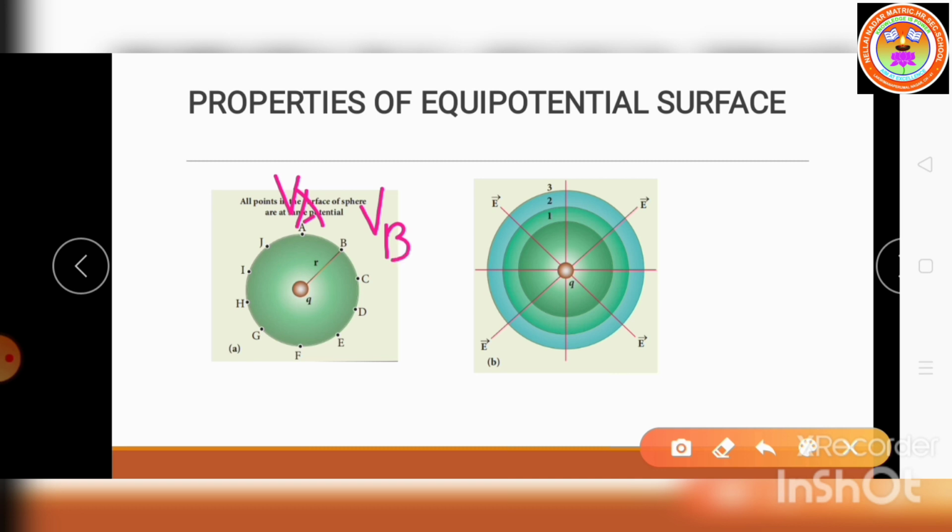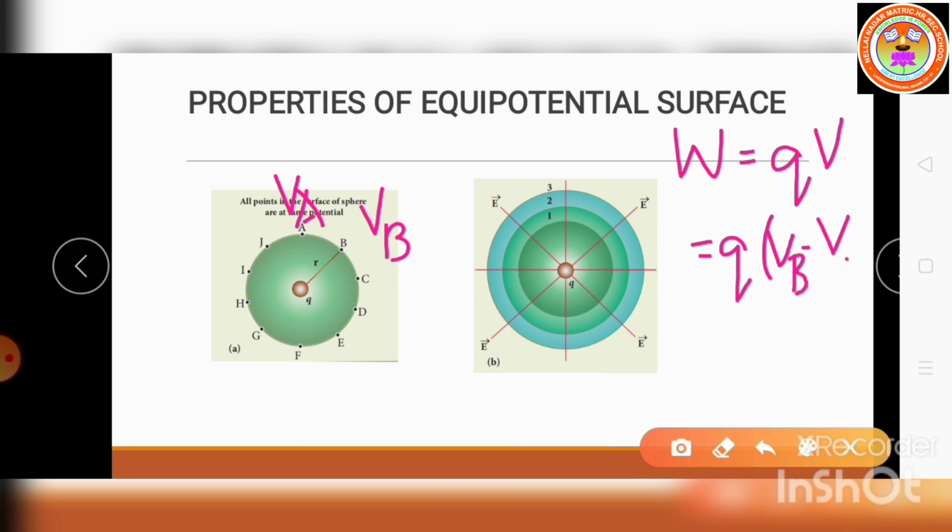We know one formula: the work done W is equal to QV. Here the change in potential, with final VB and initial VA, is VB minus VA.